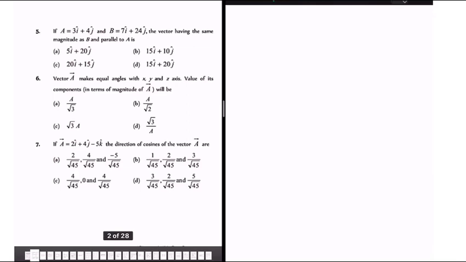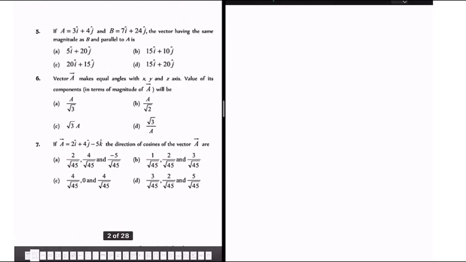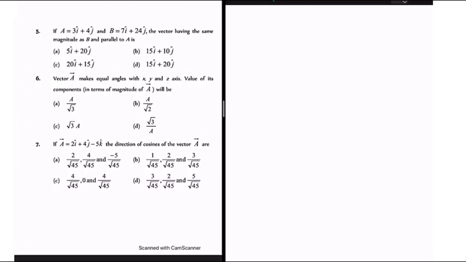A is given as 2i cap plus 4j cap minus 5k cap. The direction cosines of vector A. Very simple.